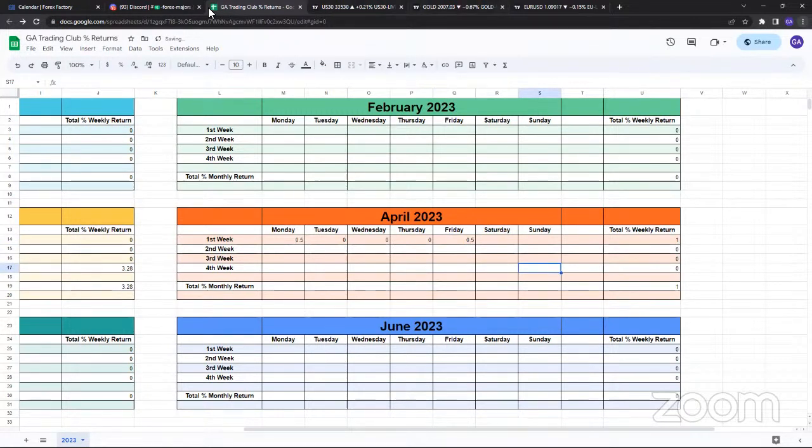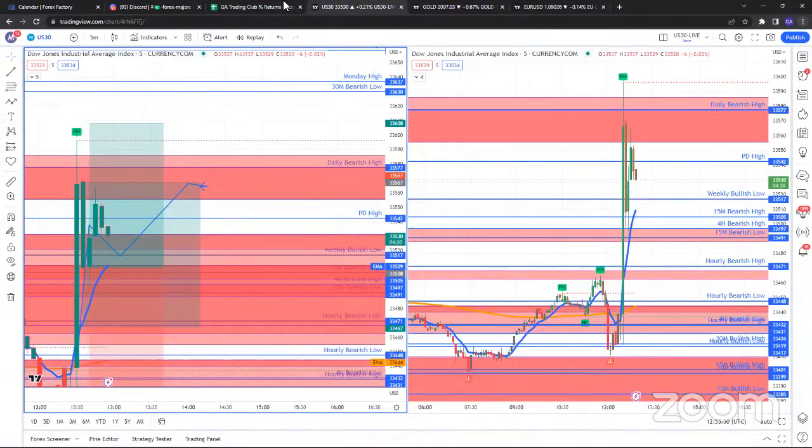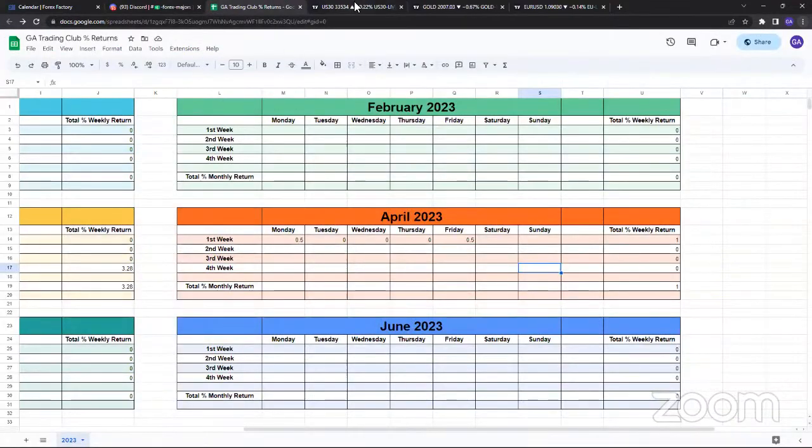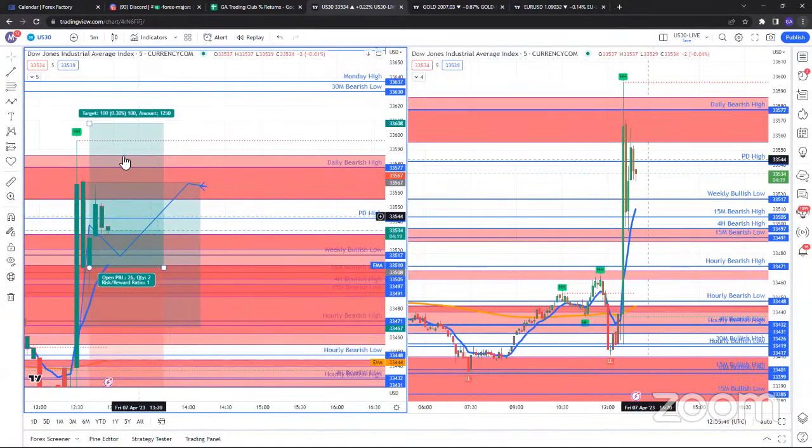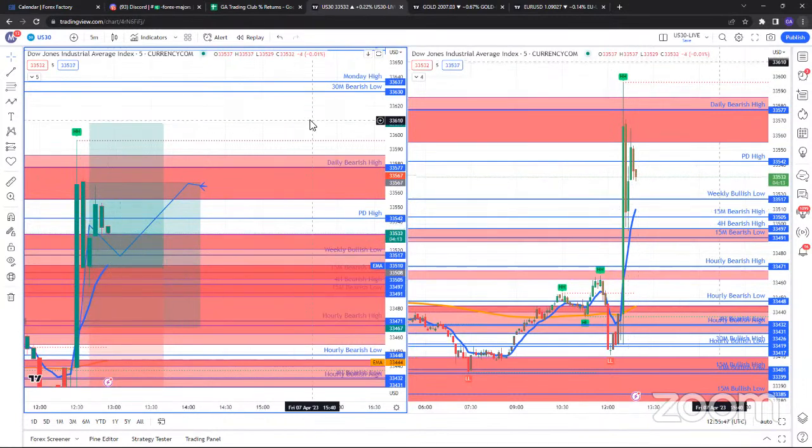So either way, whether you were able to take the first trade or even this trade, you should be up at the very least 0.5 for the day. And it's during a heavy news day and during a Friday. So whether you missed the first trade with me and just entered this buy, either way, you should have been up at least 0.5% for the day.